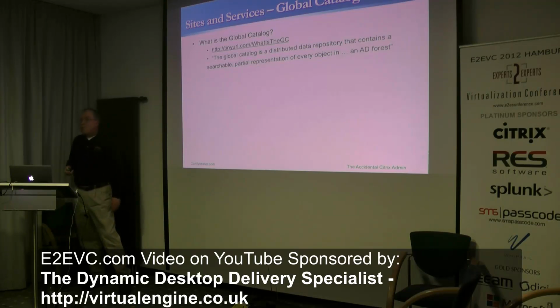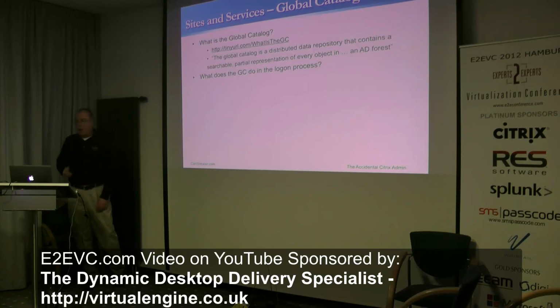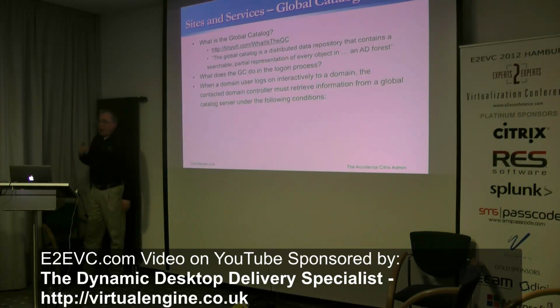Even if you have millions of them, they are there. So what does the global catalog do in the login process? Well, when a domain user logs on interactively to a domain, the contacted domain controller that we had just covered must retrieve information from a global catalog server under the following two conditions.